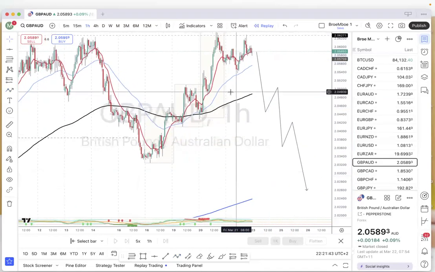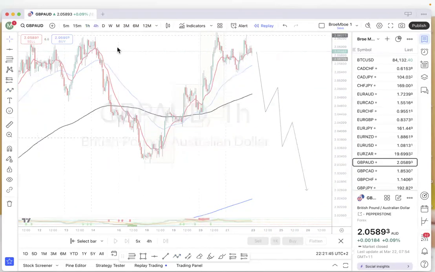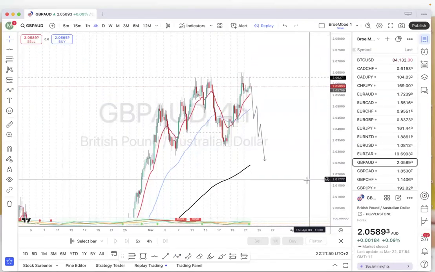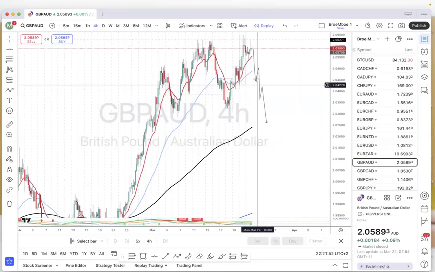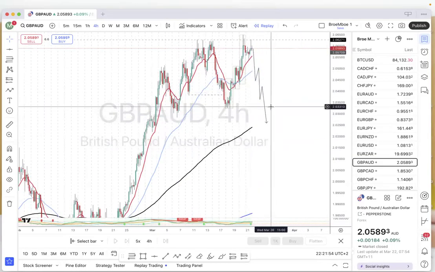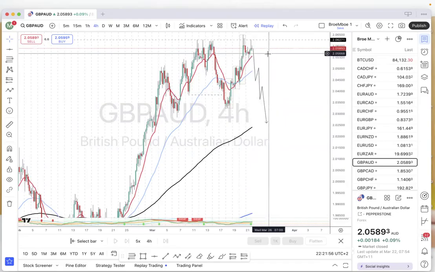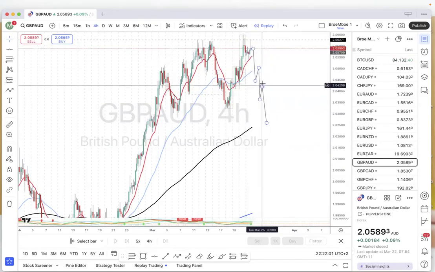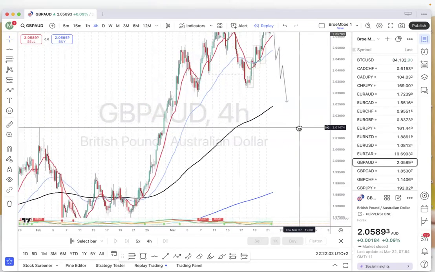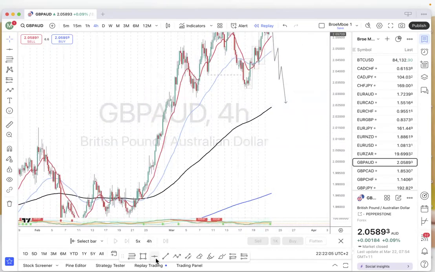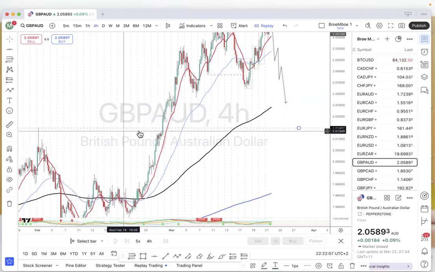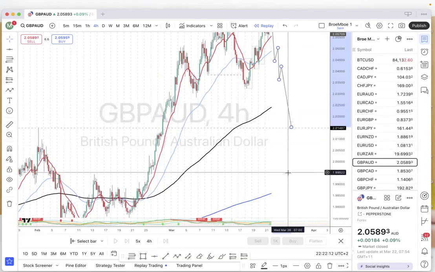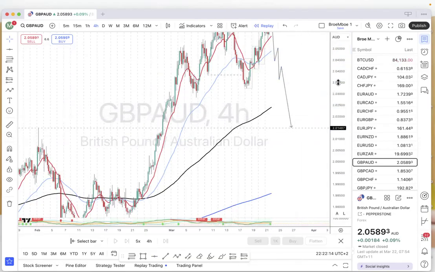I would expect this market to start pushing down, and by making this kind of peak formation, if this peak formation does play out like this, because I'm willing to enter this as soon as the market opens, and if we do push all the way down like that, I would really love for us to go as low as maybe that low right there, that high, sorry, to go as low as that high.